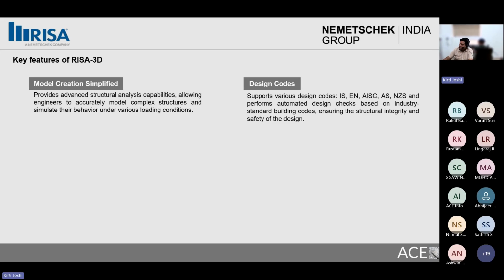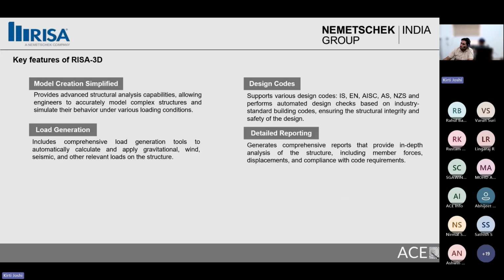When it comes to the design codes, RISA 3D supports some Indian standards like IS 800 and IS 456, to the international standards like the American and the European standards. These checks are integrated, meaning the software not only helps with the analysis, but automatically checks your model compliance with the relevant design codes.